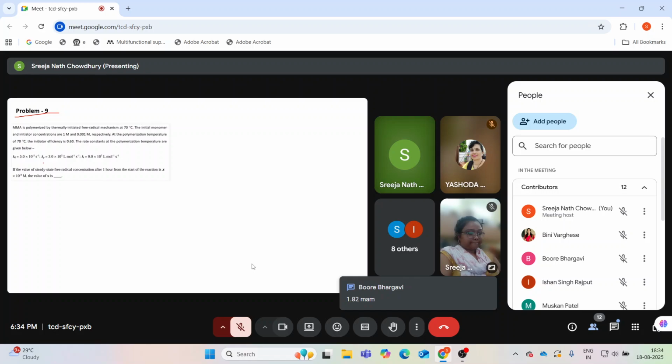I don't know how many of you got the 1.82 answer, but 1.82 comes by approximation. Otherwise, if you don't do the approximation, your answer will be something different. So, I am showing you with the approximation and without the approximation.